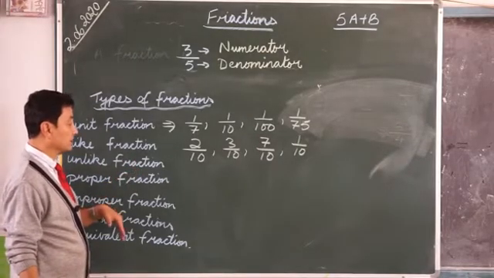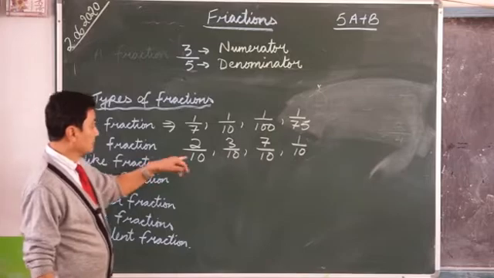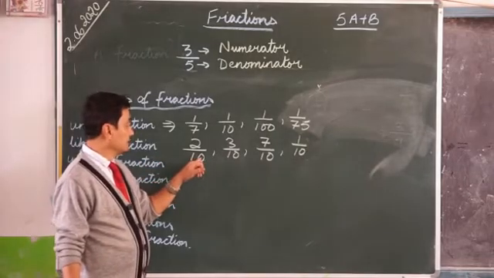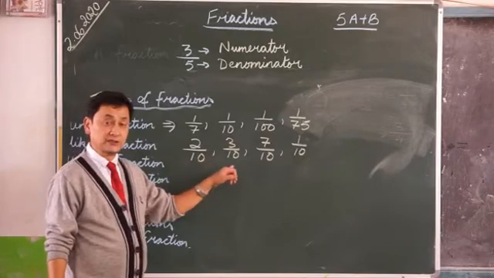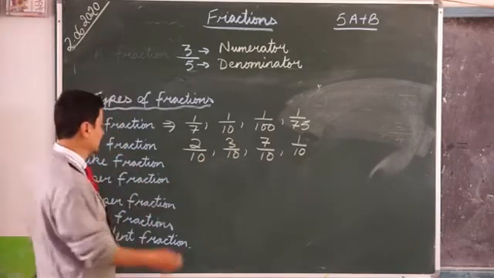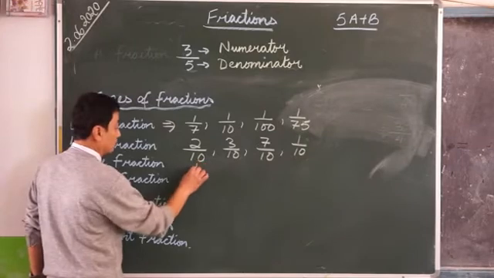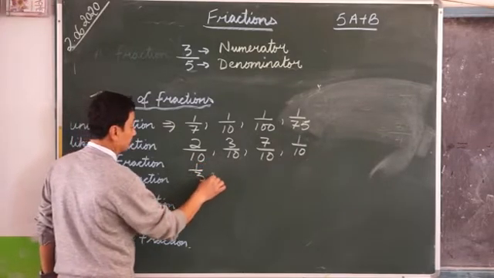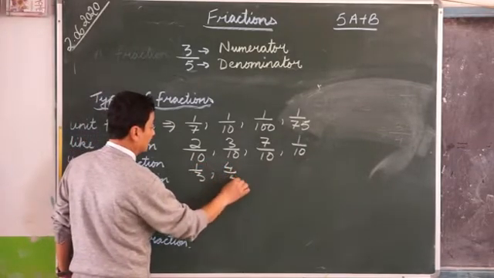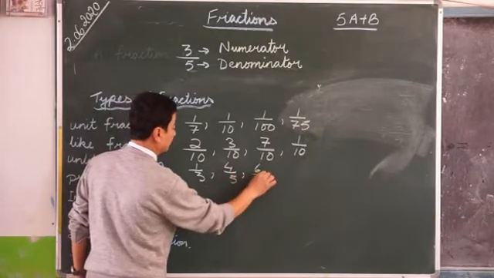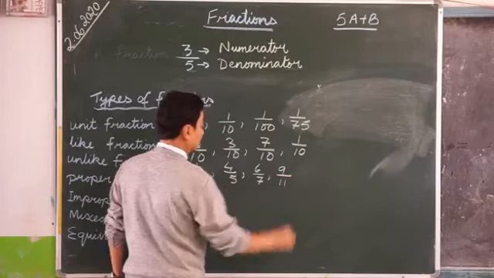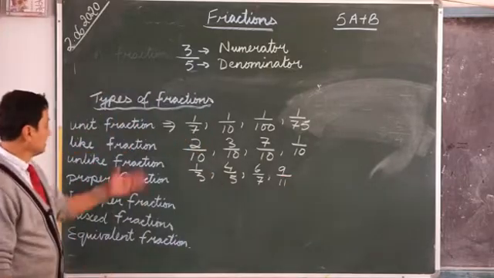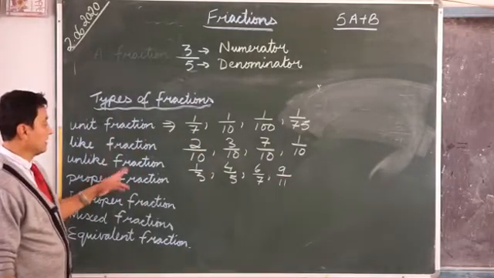It is just the opposite, but over here you can have any numerator, but the denominator also should be different. In unlike fractions, for example, you can have 1 upon 3, 4 upon 5, 6 upon 7, 9 upon 11. So you see the difference between like fraction and unlike fraction.